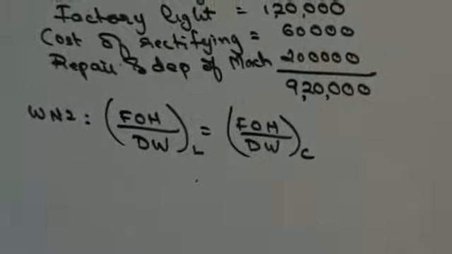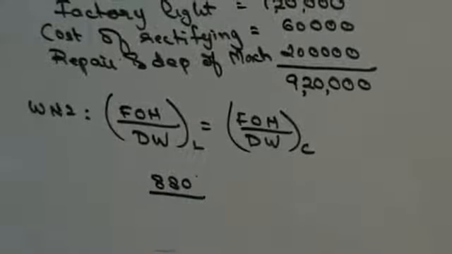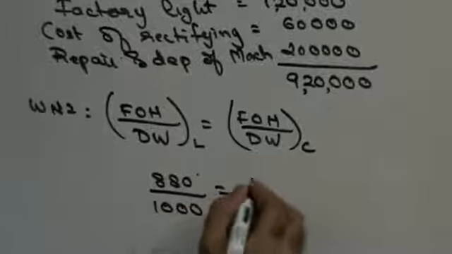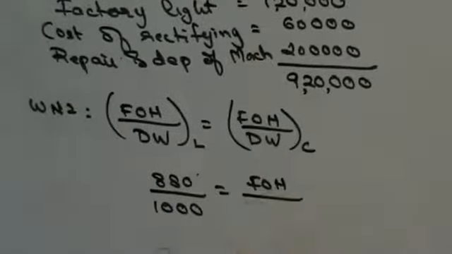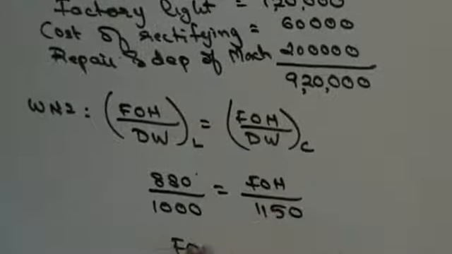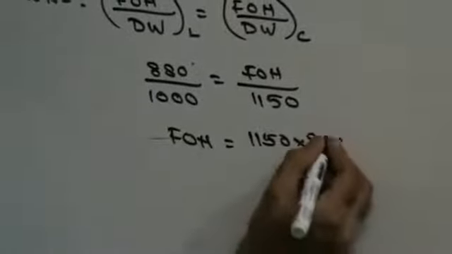Factory overheads of last year is 880. I told you how net you have to take. Direct wages of last year is 1000, equal to factory overheads upon direct wages of current year, 1150. So factory overheads is how much? Someone please calculate. 1150 into 880 divided by 1000.